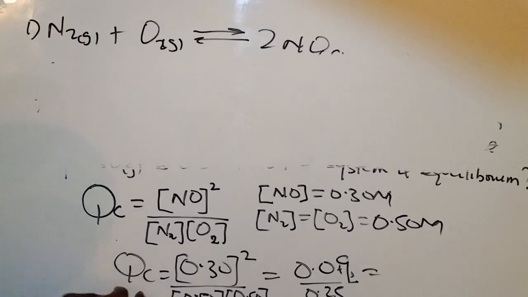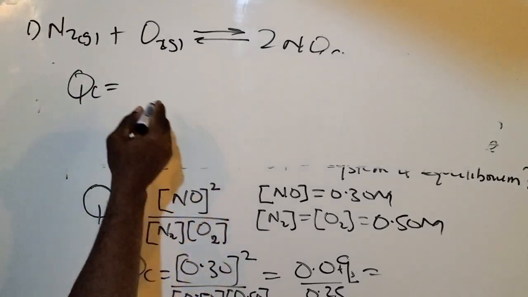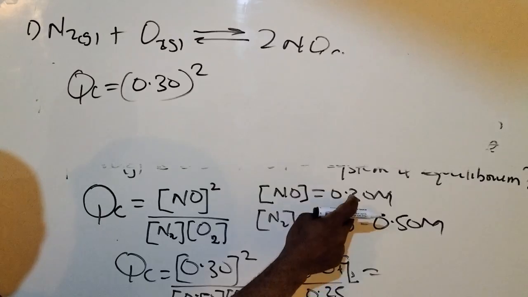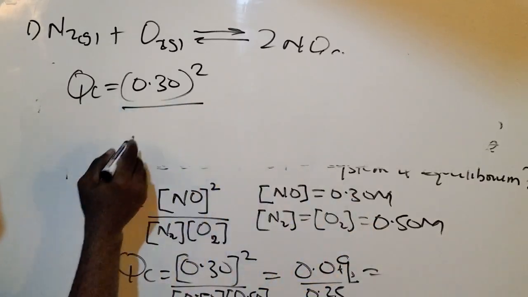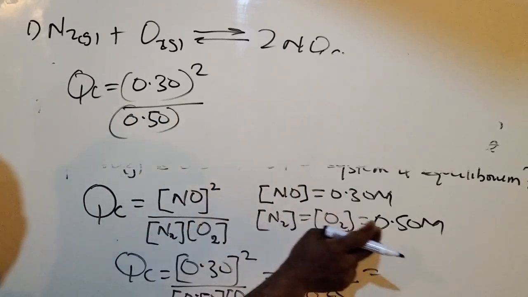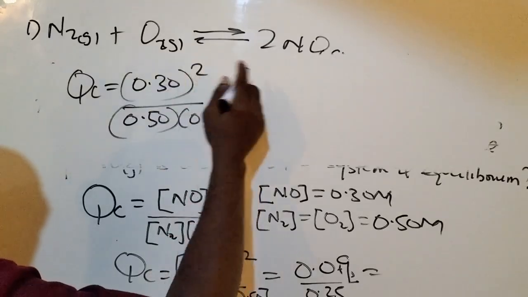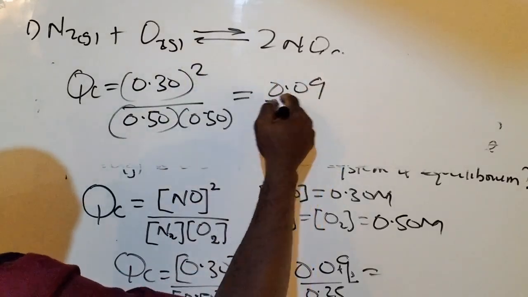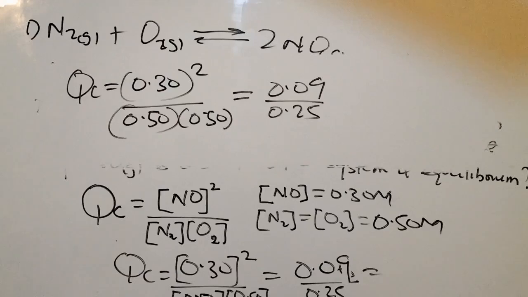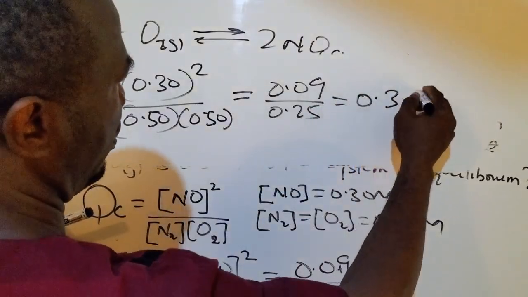The substitution for Qc: 0.30 for the numerator, over the denominator 0.50 for nitrogen and 0.50 for oxygen. If you square this, you have 0.09 over 0.25. Divide 0.09 by 0.25, and you have our Qc as 0.36.